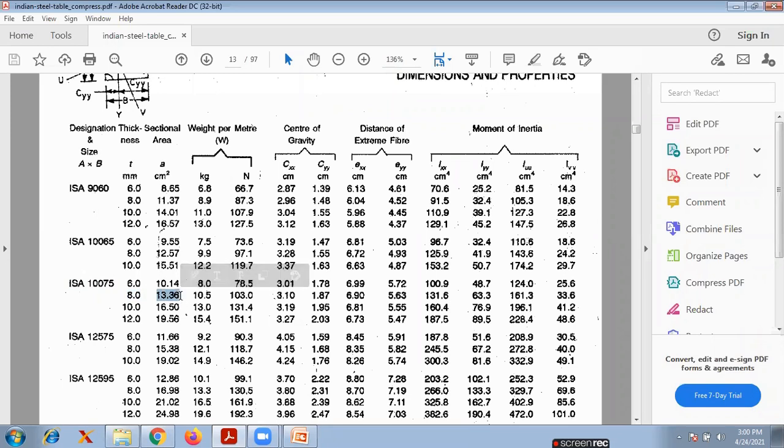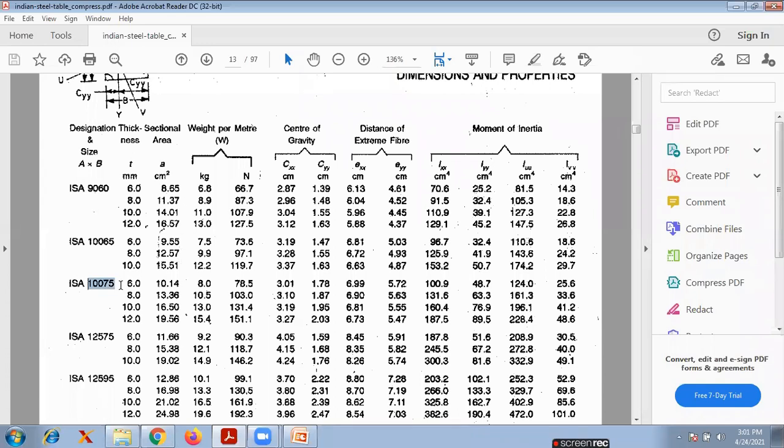Like that you have to select the section. Suppose you get around 800, you will take 90 by 60, whose sectional area is 865. Like that we have to choose the section designation.